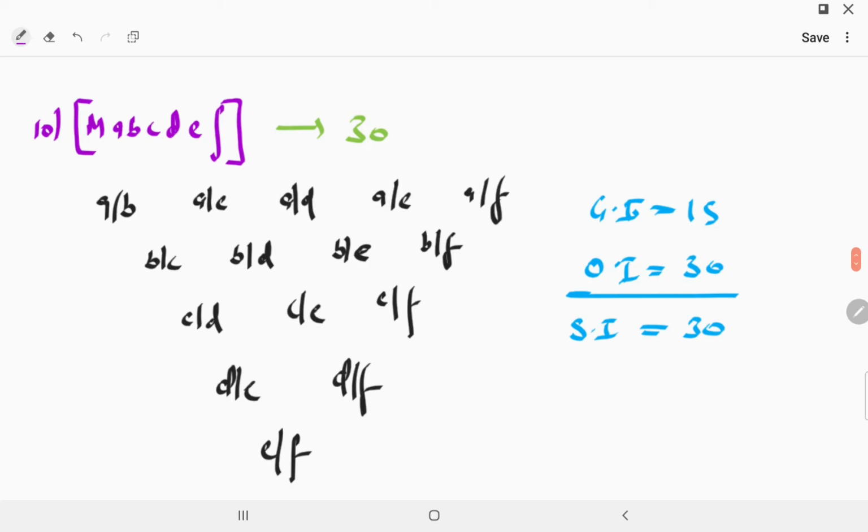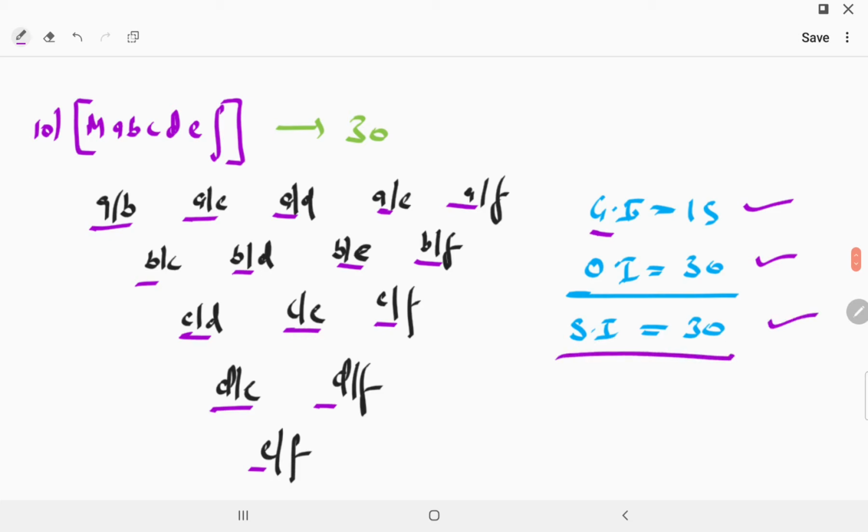Similar trick as above: AB trans, AC trans, AD trans, AE trans, AF trans, BC trans, BD trans, BE trans, BF trans, CD, CE, CF, DE, DF, EF. So total geometrical they will show 15, and optical, because there is no plane of symmetry, all are different, so optical is 30. So total isomerism is 30.